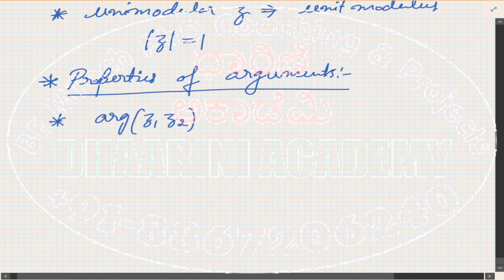I take a product Z1 into Z2 and I want to calculate what is the theta of that. So theta of the product Z1 Z2 is simply arg Z1 plus arg Z2.